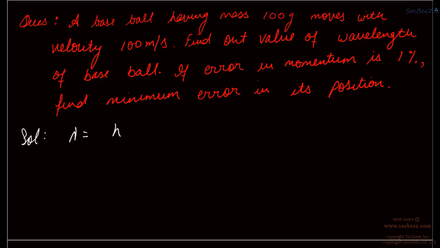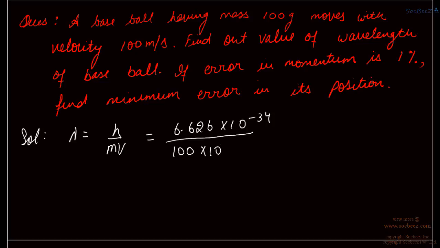So let's discuss de Broglie wavelength. It says lambda equals h upon mv. So from here lambda equals 6.626 into 10 raised to the power minus 34 divided by 100 into 10 raised to the power minus 3.